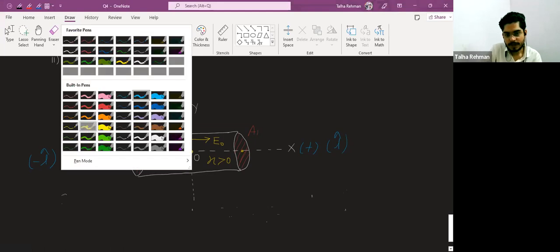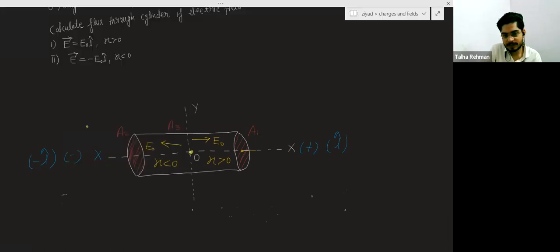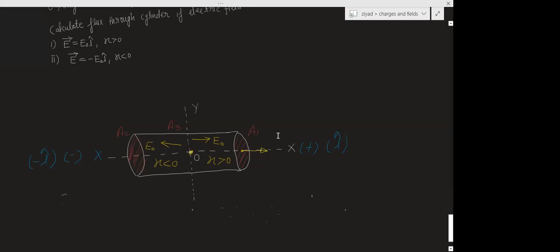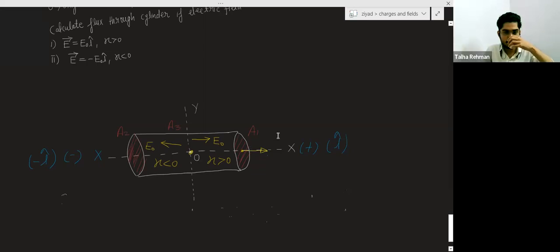See here, this area is like this, so the unit area vector will be in this direction. Perpendicular to the area is the direction of the area vector.